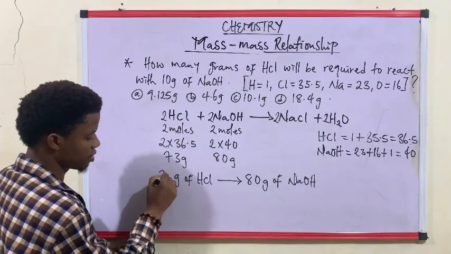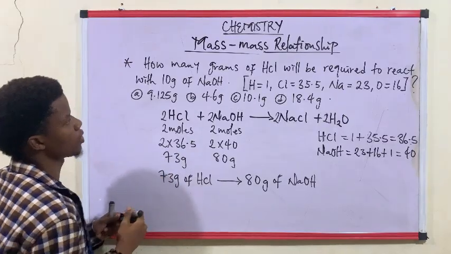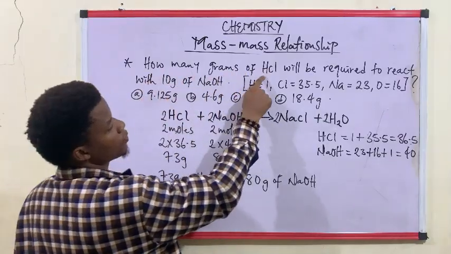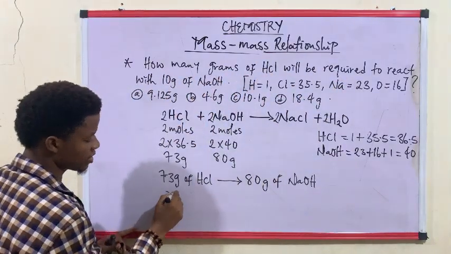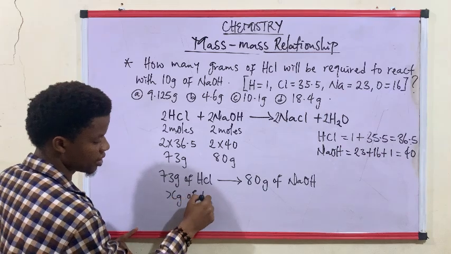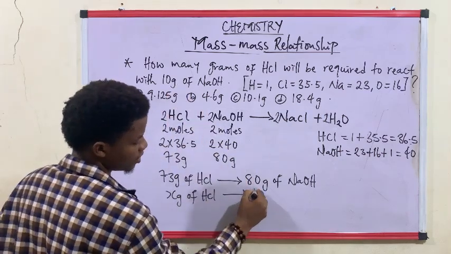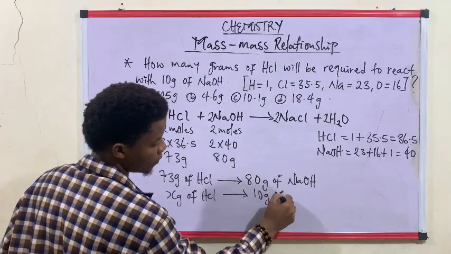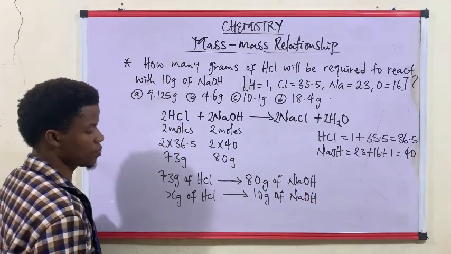Now the question: how many grams of HCl will be required to react with 10 grams of NaOH? So therefore, x gram of HCl will be required to react with 10 gram of NaOH.